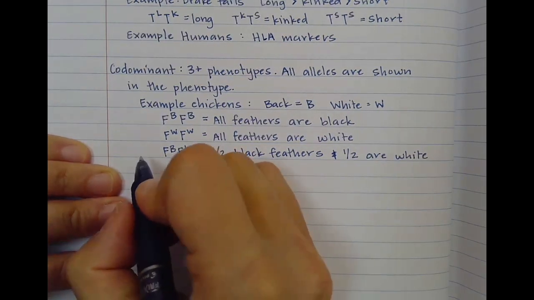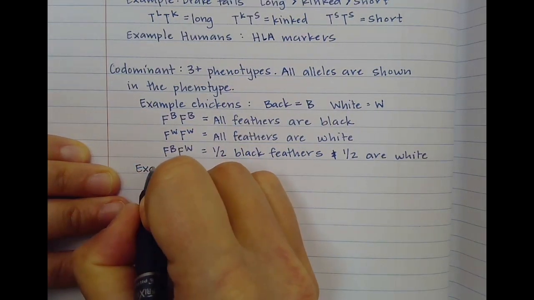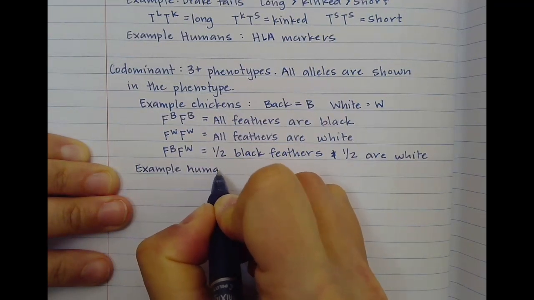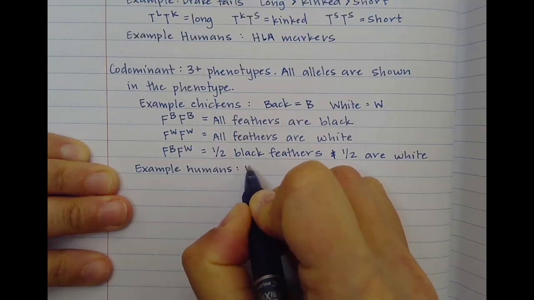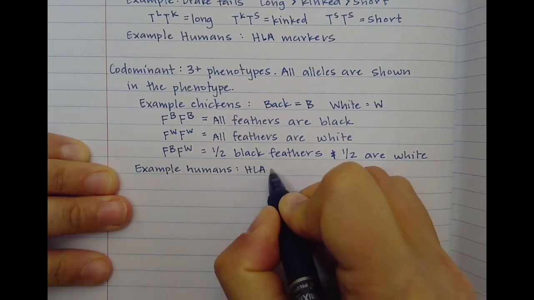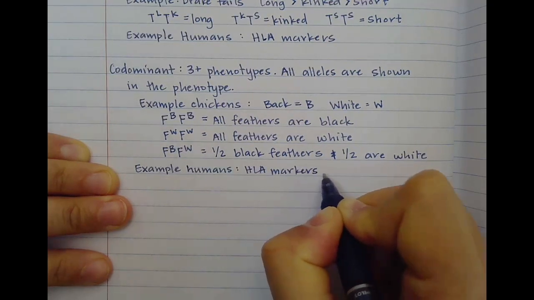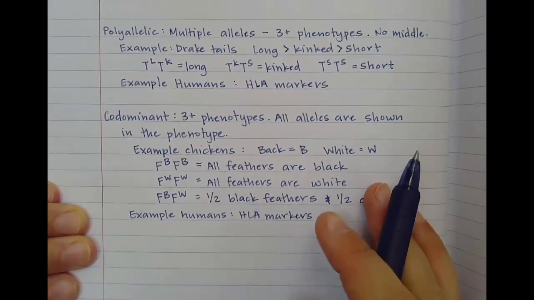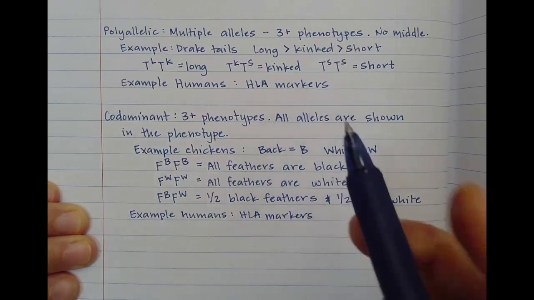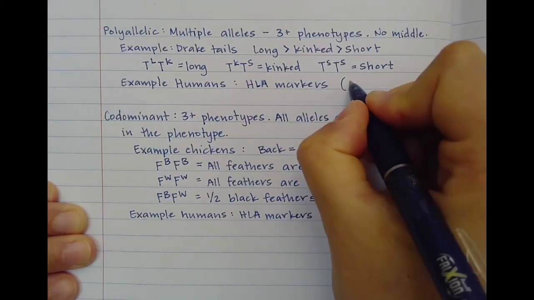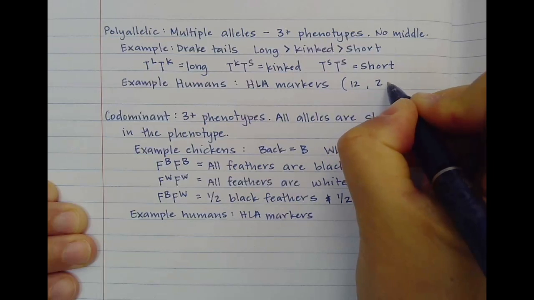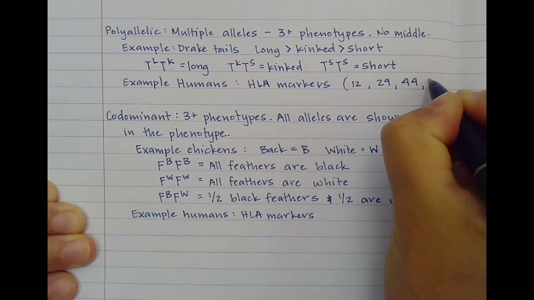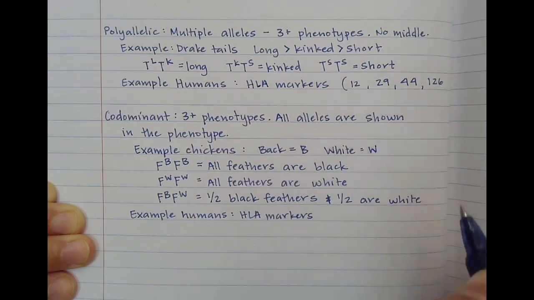And this also happens in humans. And it happens with our HLA markers. Not only are there multiple alleles for our HLA markers, so you could have like 12 or 29 or 44 or 126.